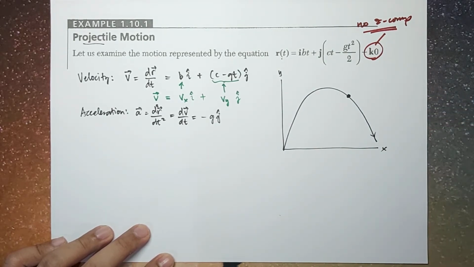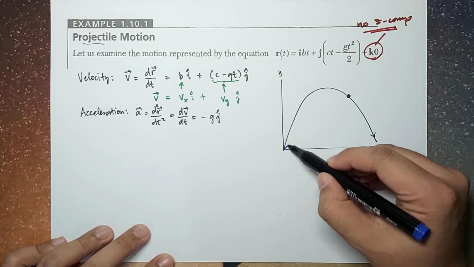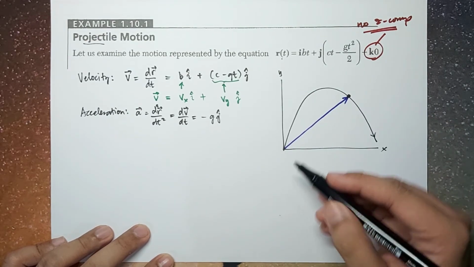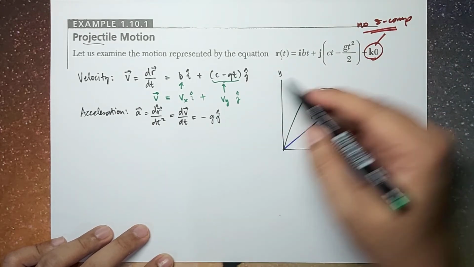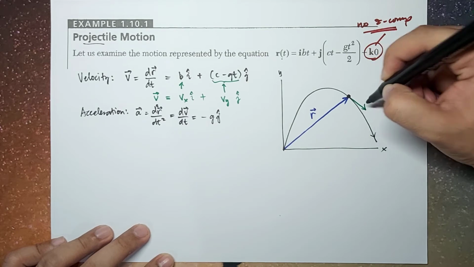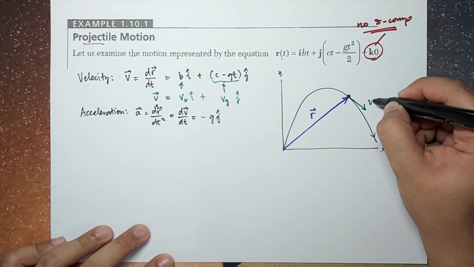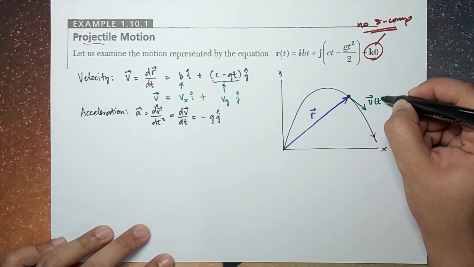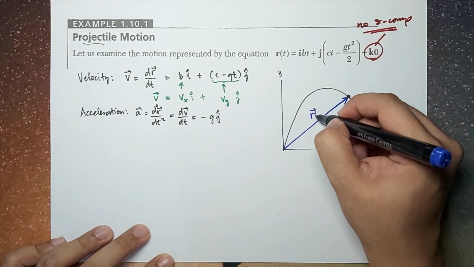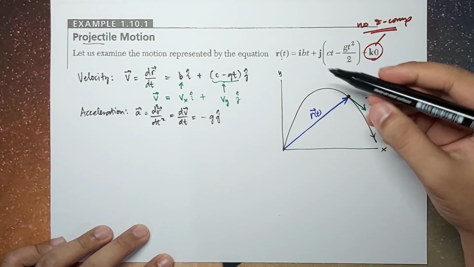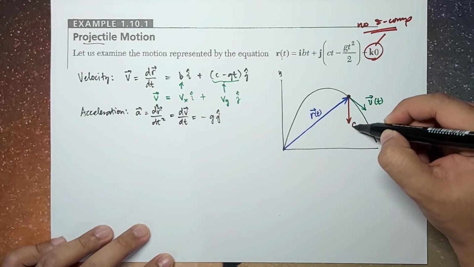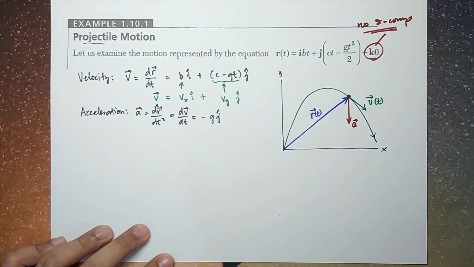Here we define the position r. The velocity will be tangent to this path, and the acceleration is downward.